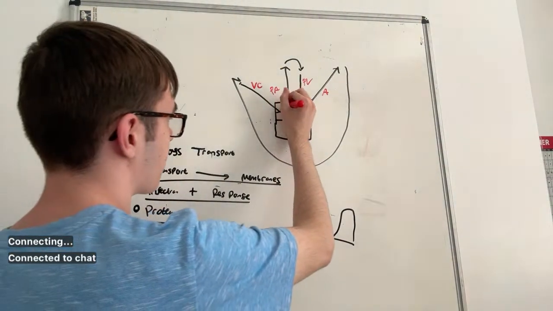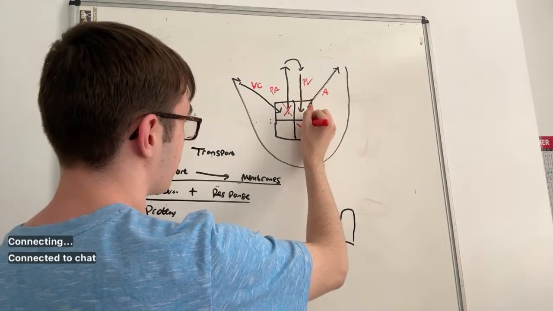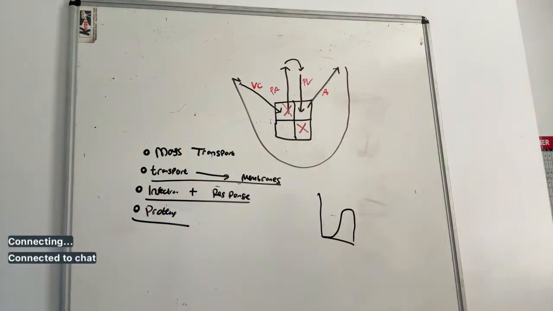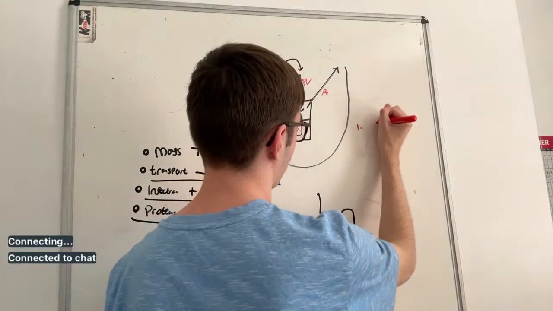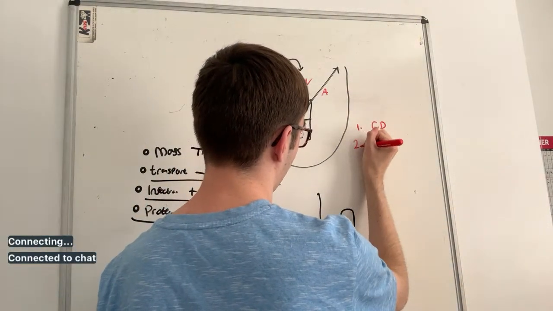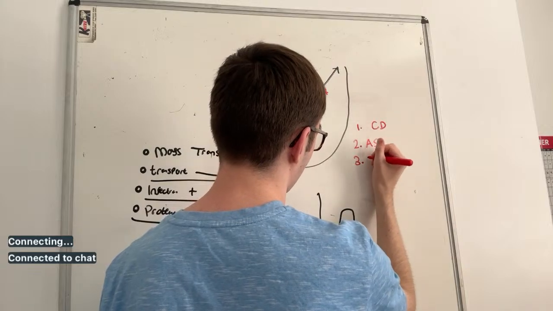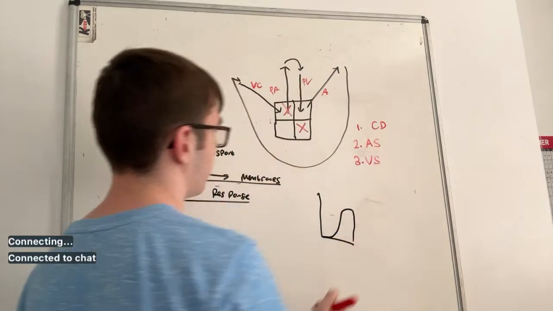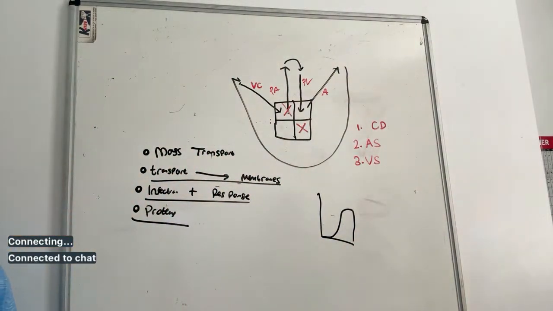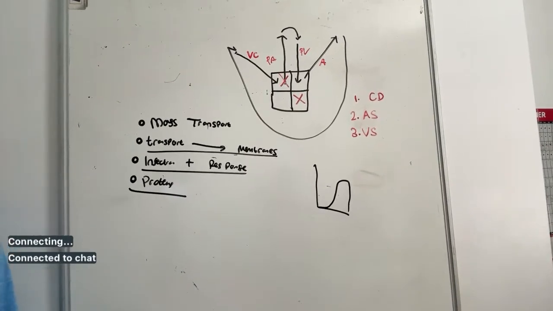You've got your pacemaker cells here, thicker muscle tissue here, and your three processes: cardiac diastole, atrial systole, and ventricular systole.